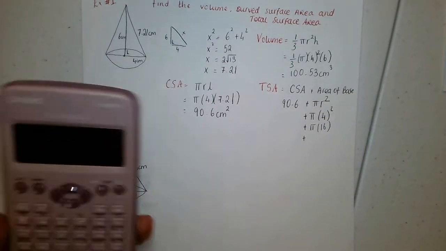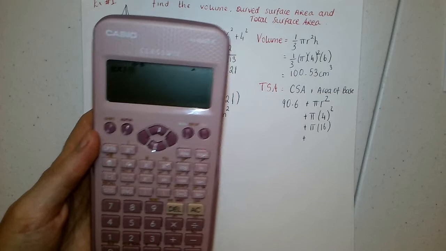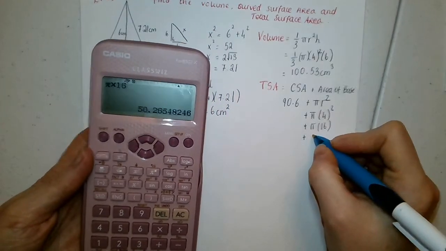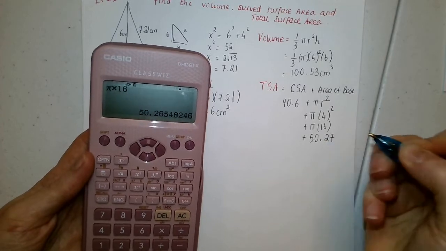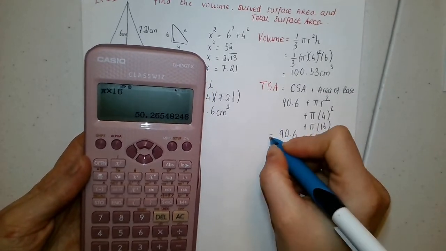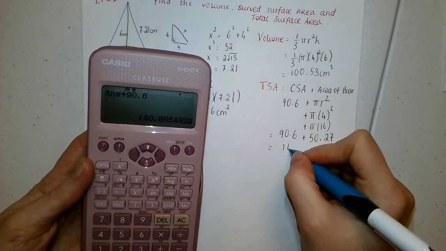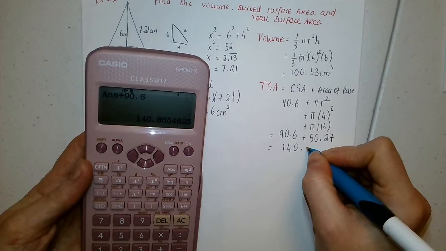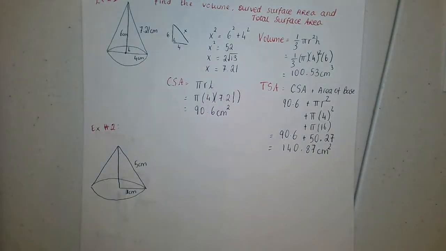And that will give us, to 2 decimal places, 50.27, and we're going to add that to our curved surface area, which will give us 140.87 centimetres squared. And that's the total surface area of that cone.